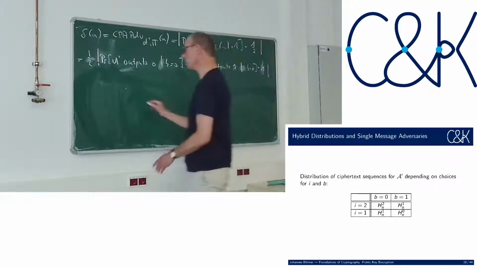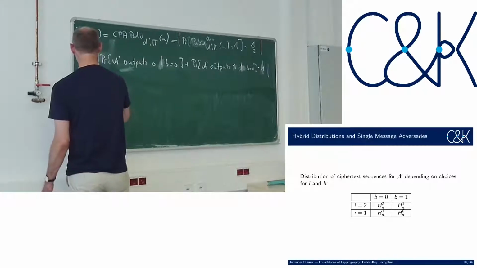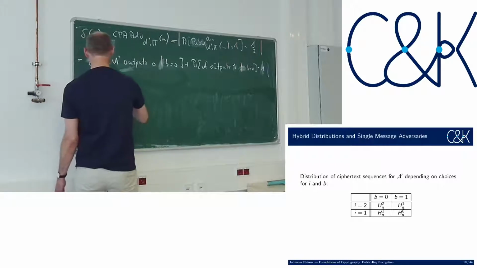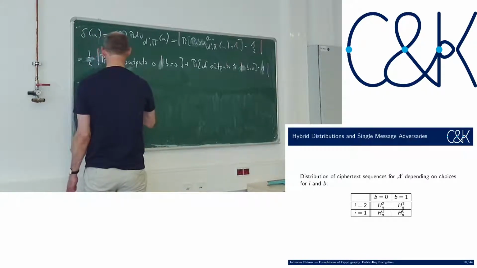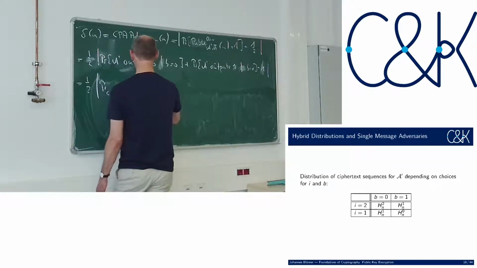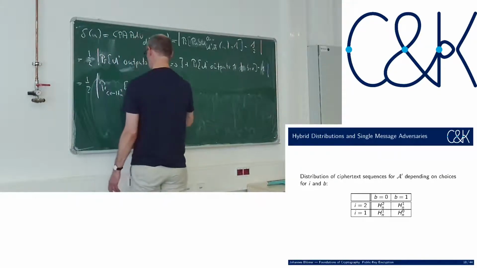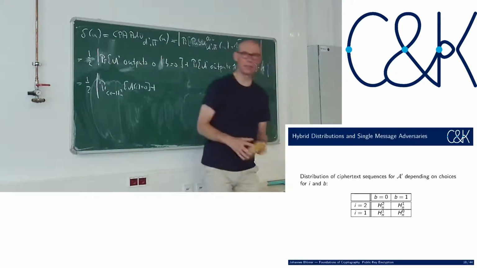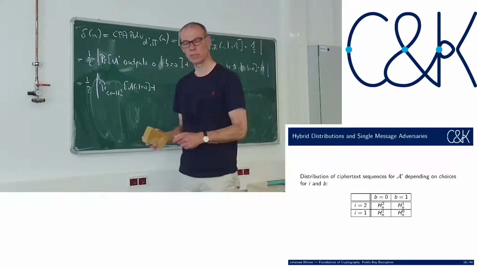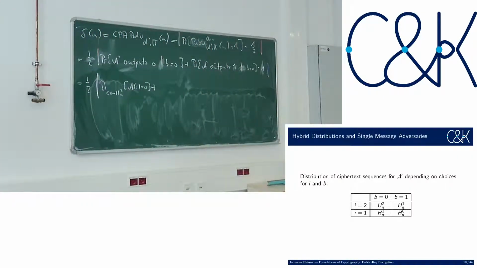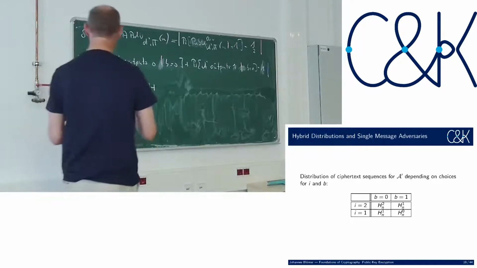So this here is the 1/2 states. This here was the probability C from H and 2, A of C outputs 0, plus, I forgot this 1/2 in front of it.